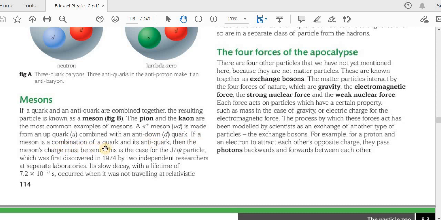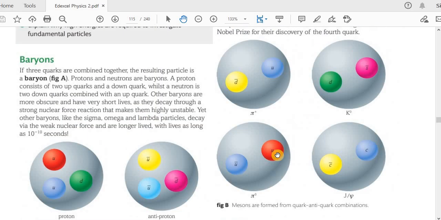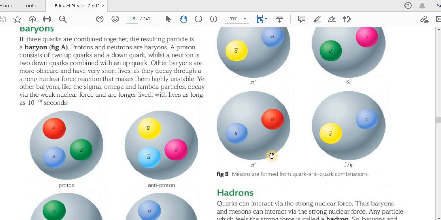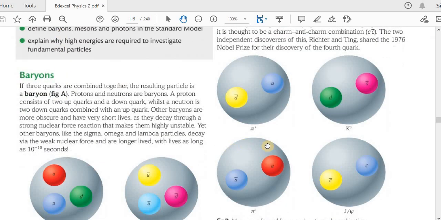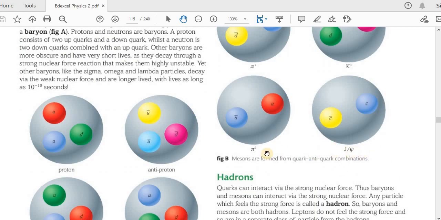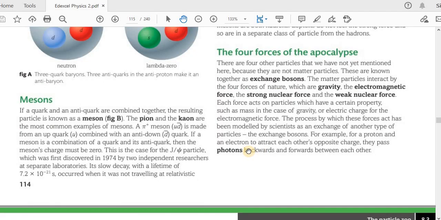If a meson is a combination of a quark and its antiquark, then the meson's charge must be 0. This is the case for the J or psi particle, the phi particle. Again, these are all Greek letters. I have shown you the Greek alphabet so we can look at what each letter is, because some of these letters are not used that much, and we use a lot of Greek letters in particle physics.